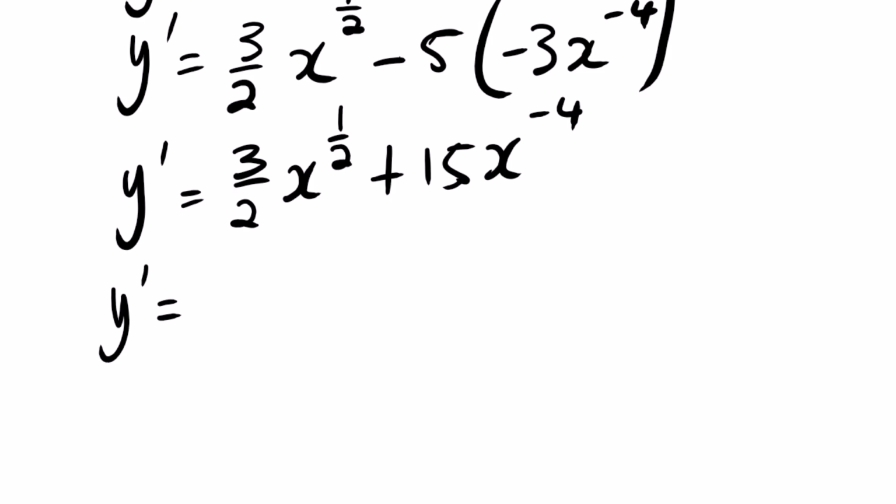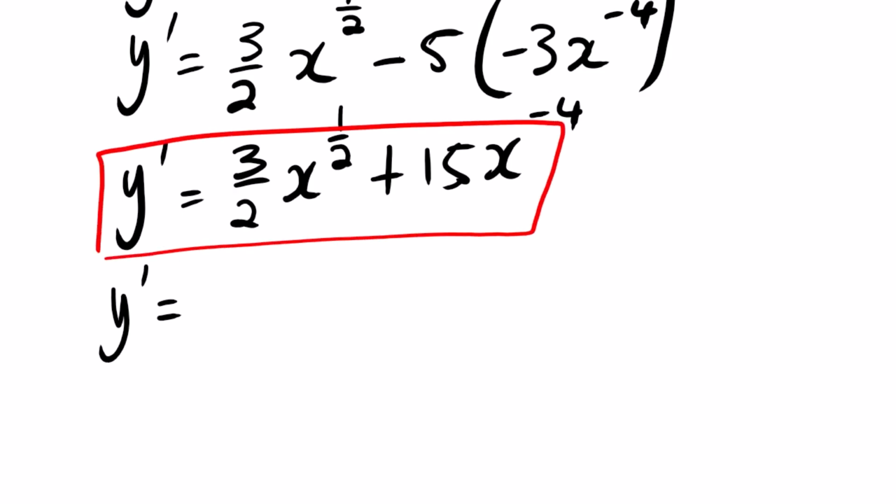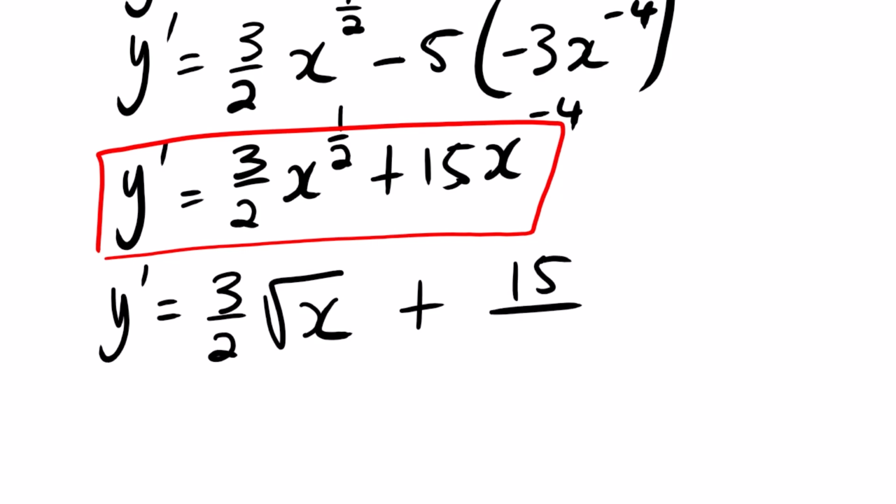Actually, we can leave our answer here. This is our final answer. Suppose you want to leave it in a radical and fraction. We are going to have 3 over 2 square root of x plus 15 over x to the power 4.